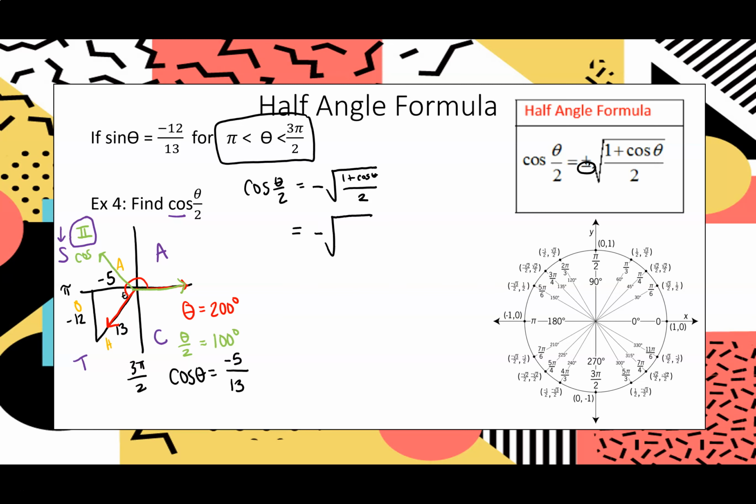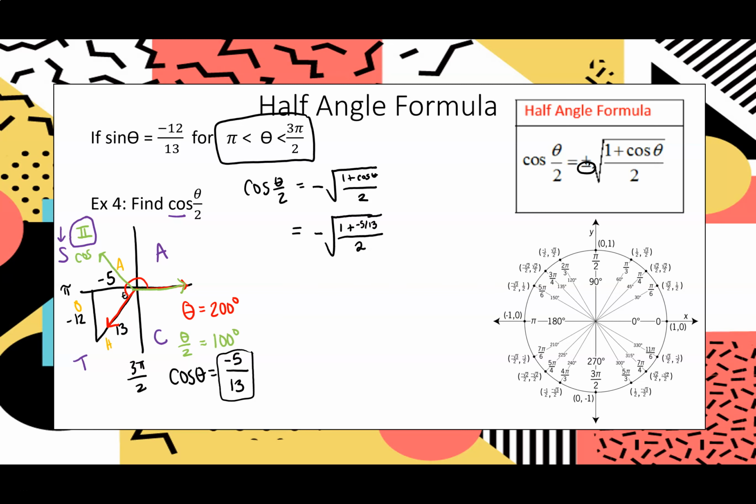And this is going to be 1 plus, and I'm going to go back to my cosine theta right here. And remember, I'm plugging in for cosine theta here. So that's going to be negative 5 over 13 all over 2.